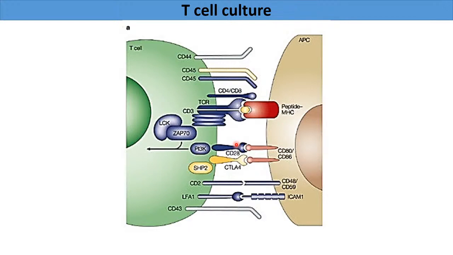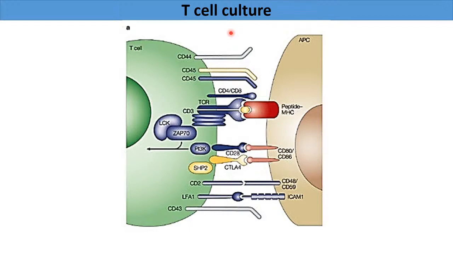Then the T cell will say, no, wait. If I grow, if I divide, if I become functional, I require metabolic activation, I require energy, I require so many other survival pathways. For that, I require a cytokine in the environment, and that cytokine is called IL-2.